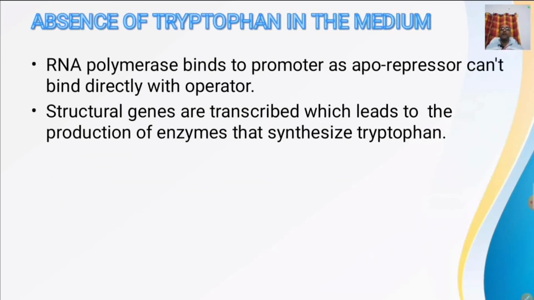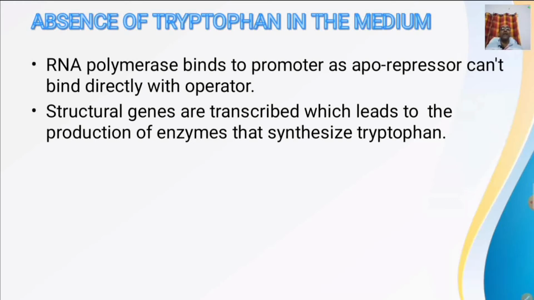So let us consider the two events. When tryptophan is absent in the medium, what will happen? I have already said that here the aim of the transcription is to produce tryptophan. So when tryptophan is absent in the medium, what will happen? The RNA polymerase will bind to the promoter as usual, as there is no aporepressor to bind to the operator.